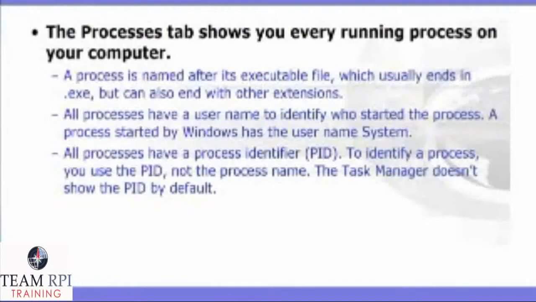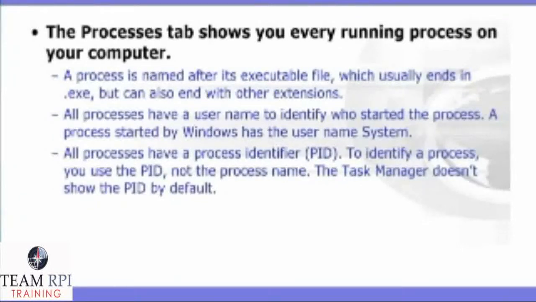The Processes tab shows you every running process on your computer. You can identify those processes because they're named after the executable files. And each process will have a username to identify who started that process.